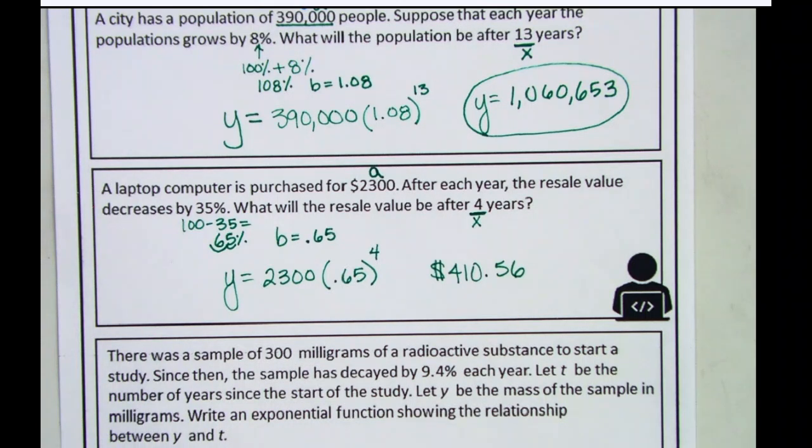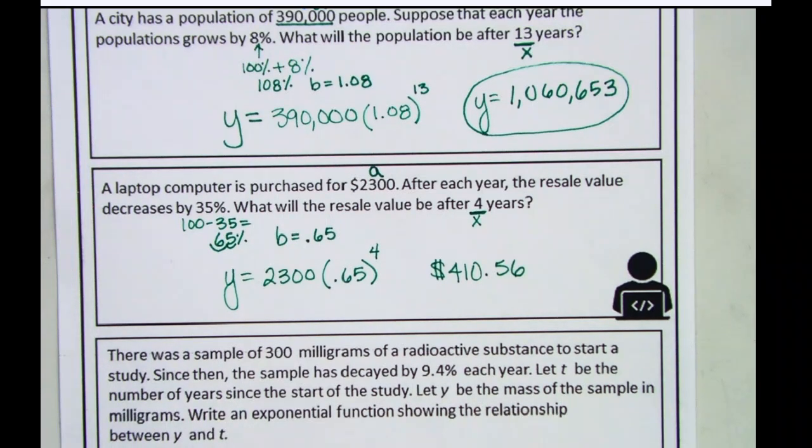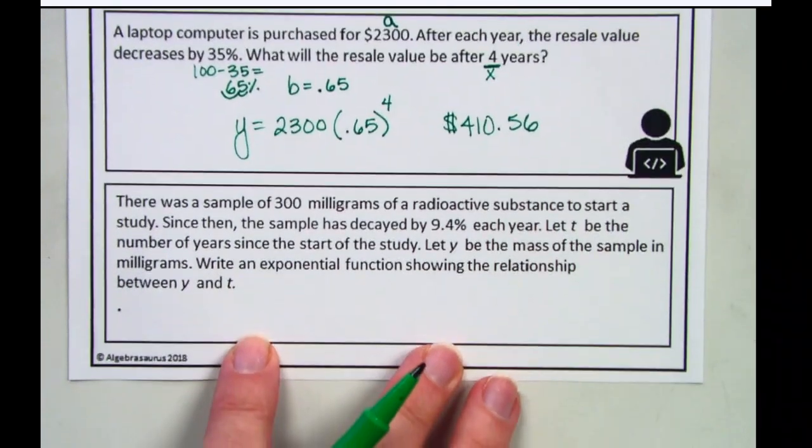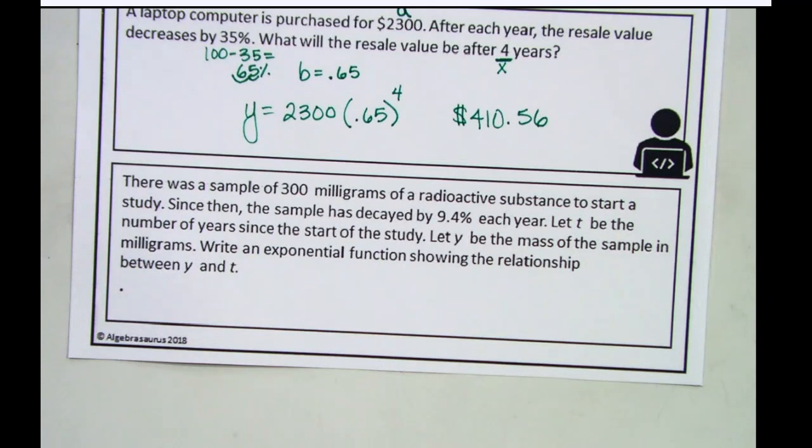Last one. It has a lot more words for you to dig through, but it just wants you to come up with the equation. It's not even asking us to solve anything. So help me dig through there. There was a sample of 300 milligrams. What's that one? Initial value.